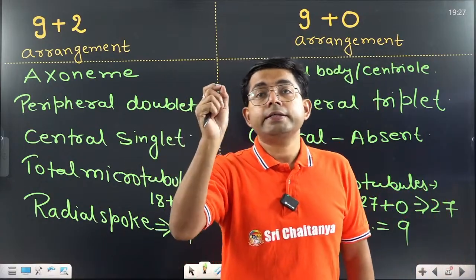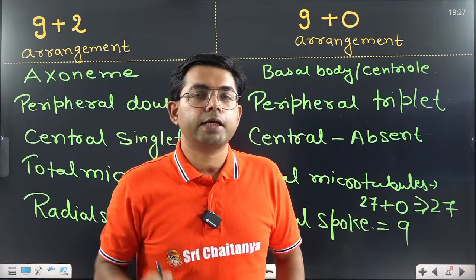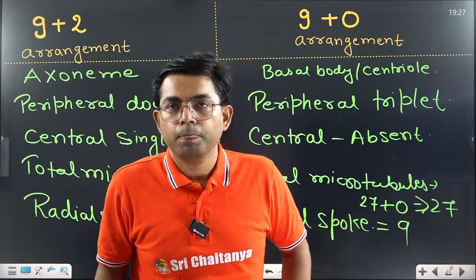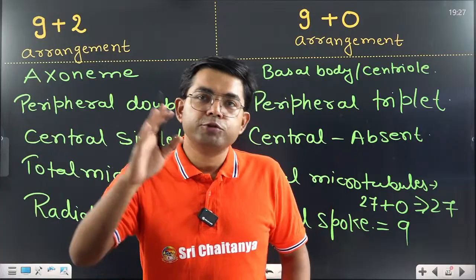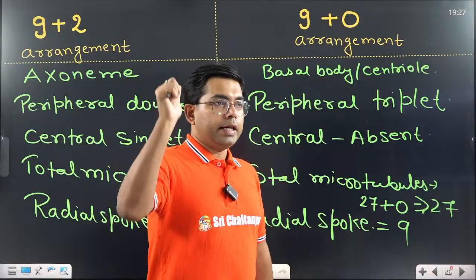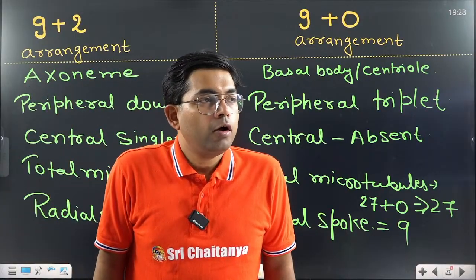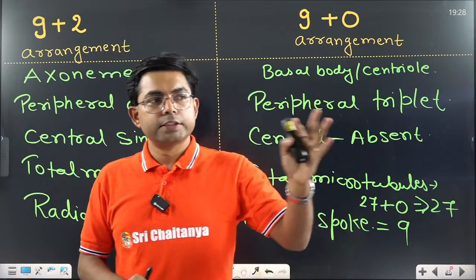I am taking some time to explain this because you are reading it for the first time, and many students have confusion in these two arrangements. If you have understood, give me a thumbs up so that I can move ahead, or if you want me to explain any part of it, just let me know.